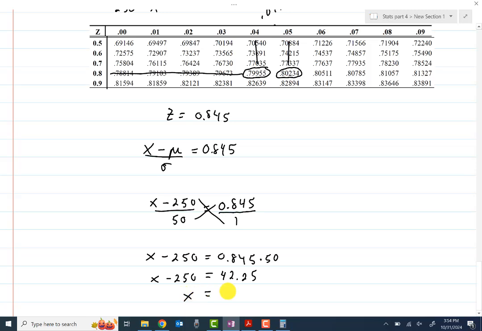Finally, to get x, add 250 to both sides, 292.25. And at this stage, I'm going to put in the units. This constitutes all the types of problems that I want you to be able to do in section 6.1 and 6.2.